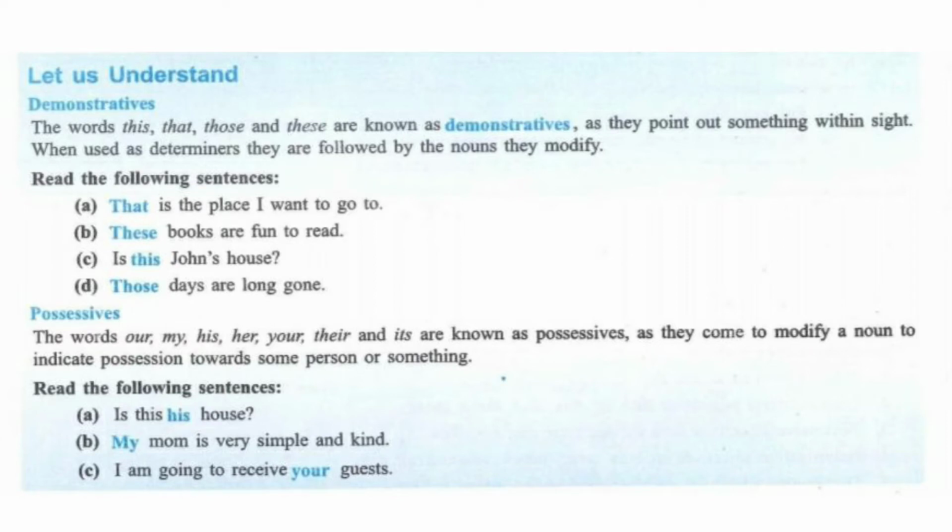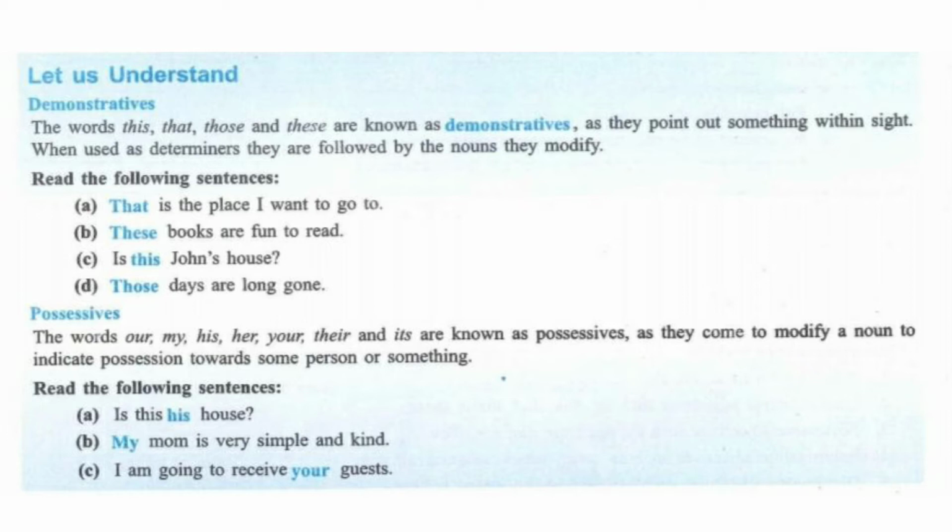These books are fun to read. Is this John's house? Those days are long gone. So here we see what is in sight. These determiners come before the noun that they modify, and these are demonstratives.